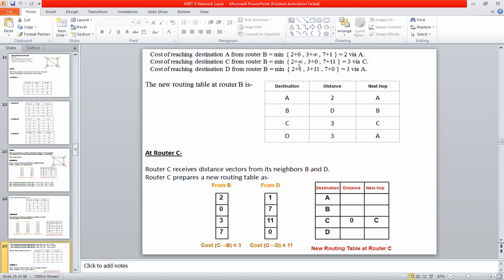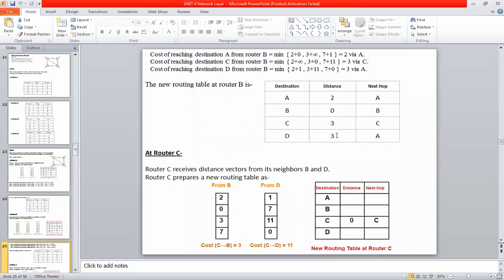Which is the minimum one? 2 plus 1 is 3, 3 plus 11 is 14, and 7, so the minimum is 3. So you have to update this particular table. Got it? How to update the particular table is very, very important.